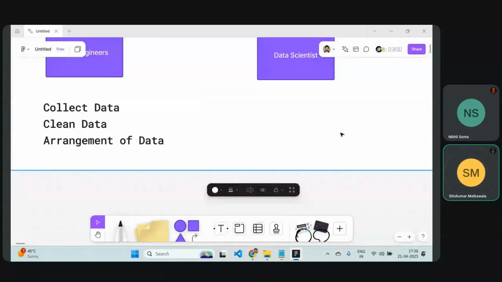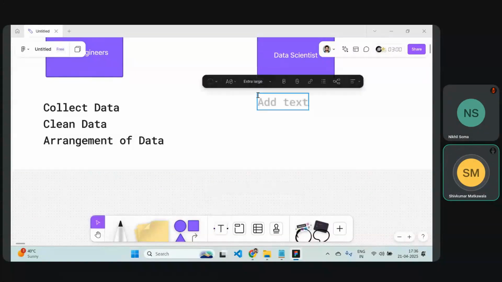At one point of time that machine will be ready to give you answers to your questions, based on historical data. So the main work of a data scientist is to train the machine using lots of computer science related things: algorithms, programming, machine learning, deep learning.